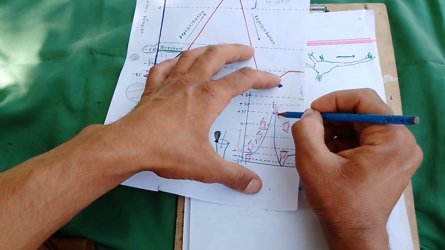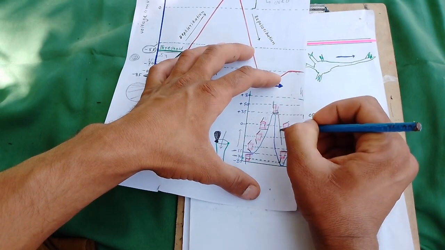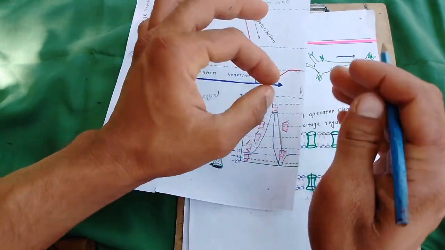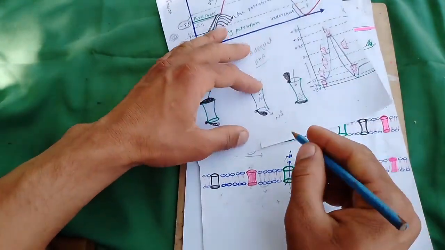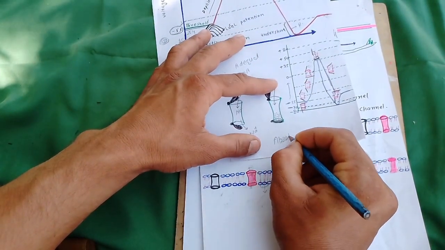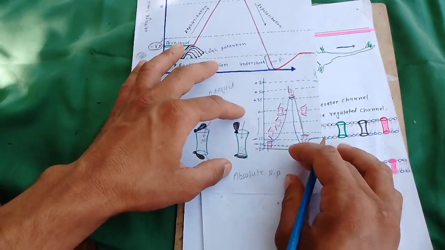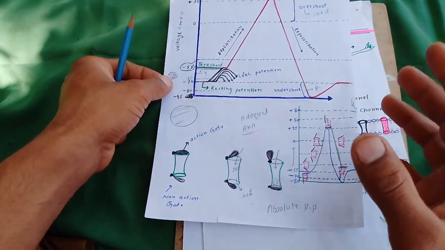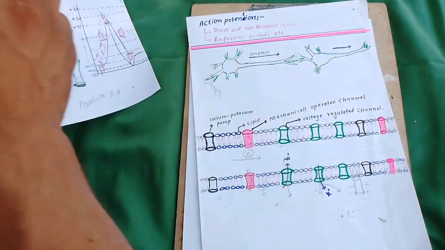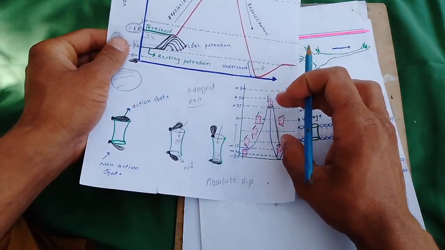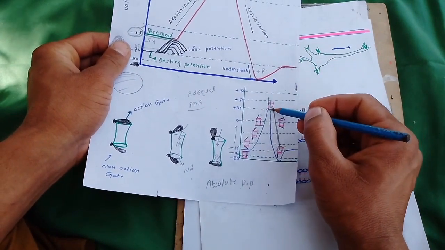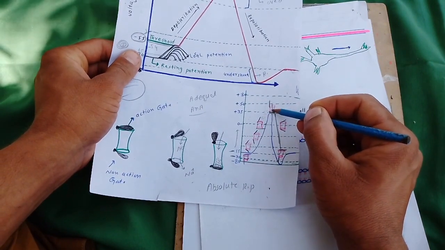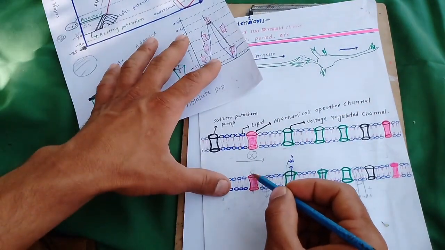From the point of 35 up to the point of minus 70, this is called the absolute refractory period, because at this point, when we give a very large stimulus to this area, it does not produce depolarization, because the inactivation gate is closed, and further sodium does not go in.